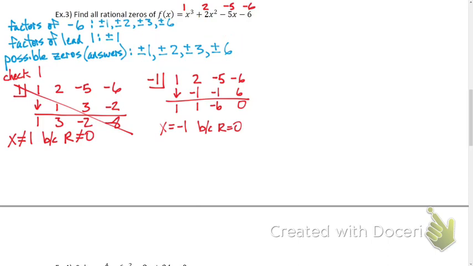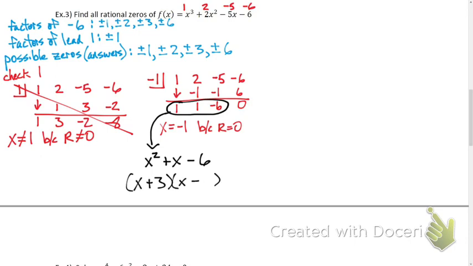Or you could take this and try and factor it. So that means x squared plus x minus 6. And I believe that's factorable, right? 2 numbers that multiply to -6 that add up to 1. How about a +3 and a -2?